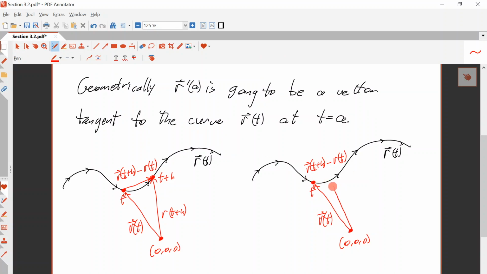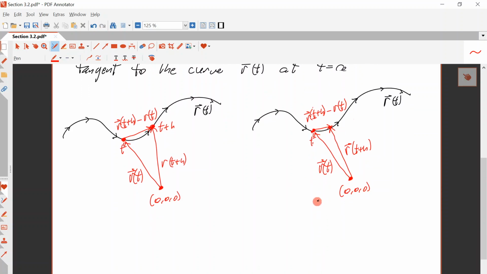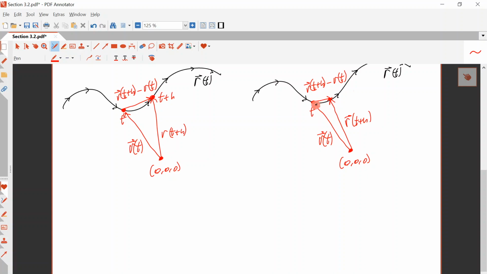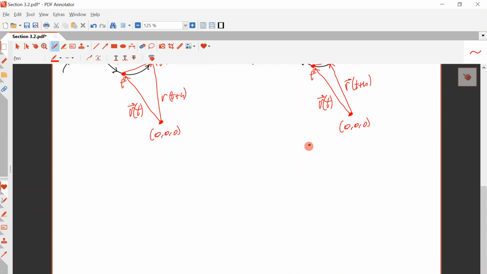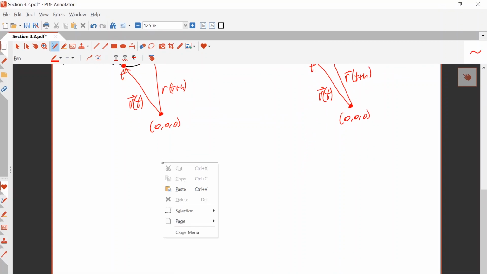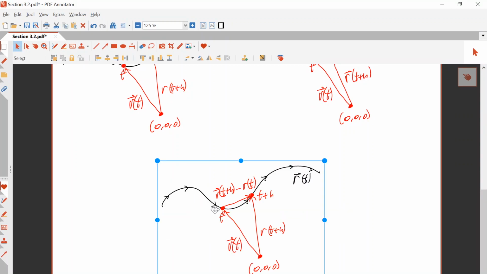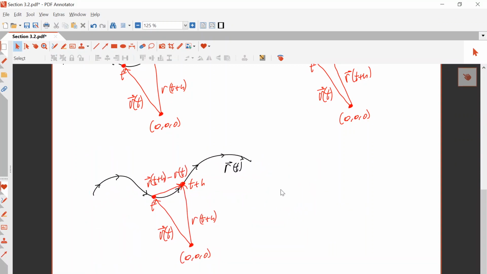So let's say r of t plus h is here. Now we have this vector, and then as it gets closer, we get a vector that's tangent to the curve. What the length of that tangent vector is, that's a different story that we'll talk about in the next section.